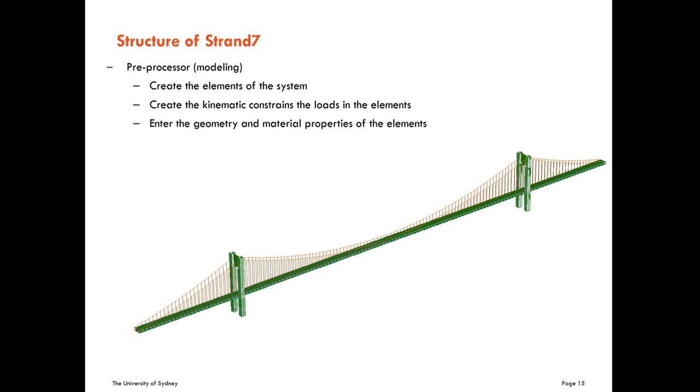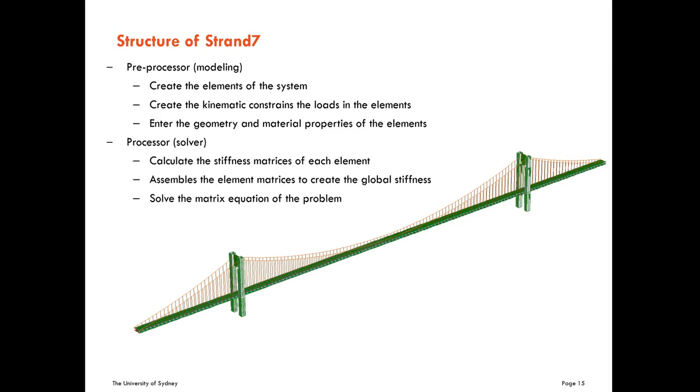Then Strand7 has different solvers. A solver is a component of the software that allows you to solve the displacements in the structure. And how does the solver work? Inside the computer, the first step is the calculation of the stiffness matrix of each element that you include in the model.